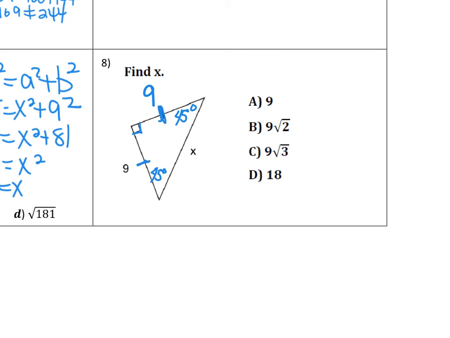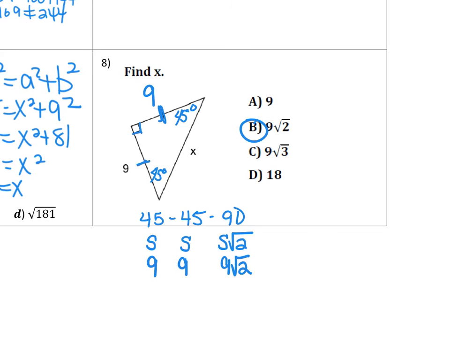So if you know your special triangles, we talked about it, 45, 45, 90. Across from the 45 is your side. The other one is the same. And the hypotenuse is the side times the square root of 2 because it has to be a little bit bigger. So in this case, if one side is 9, the other side is 9, and the hypotenuse, which is a little bit bigger, is 9 times the square root of 2.